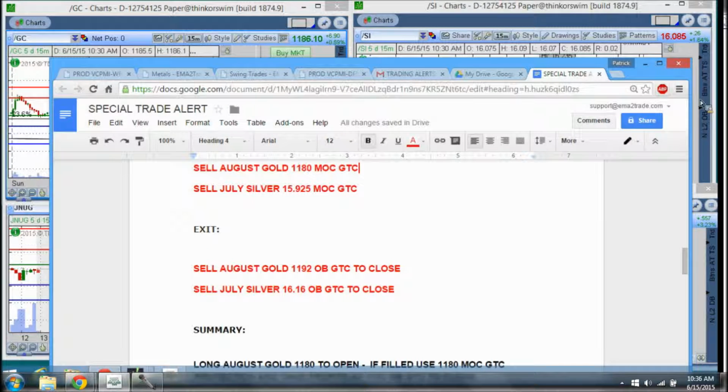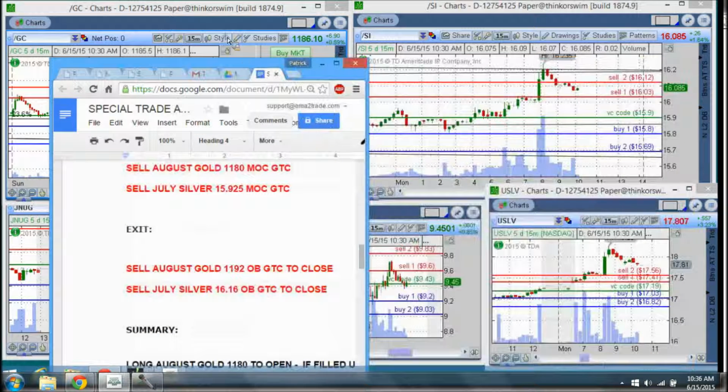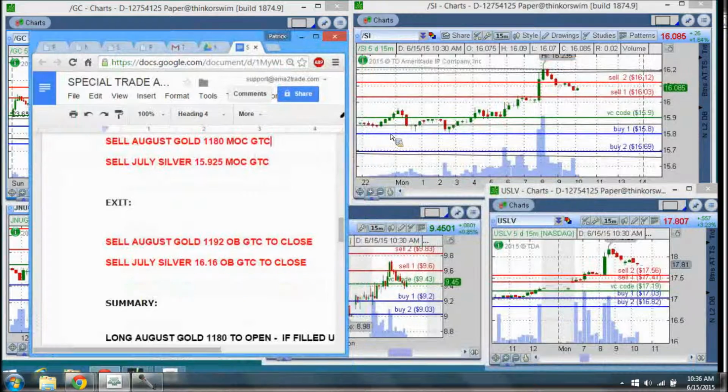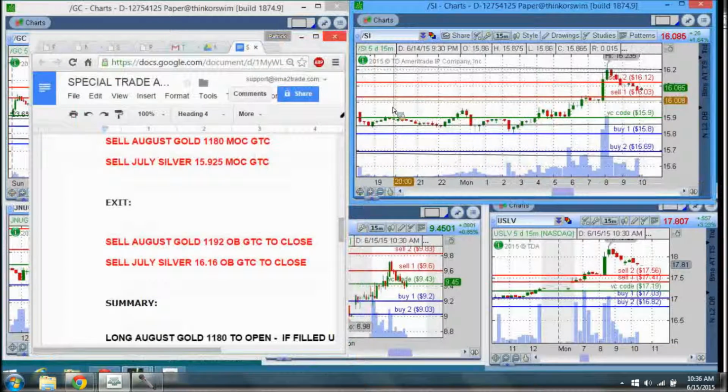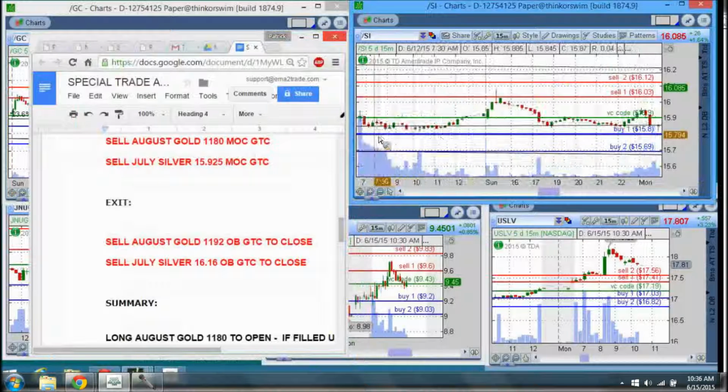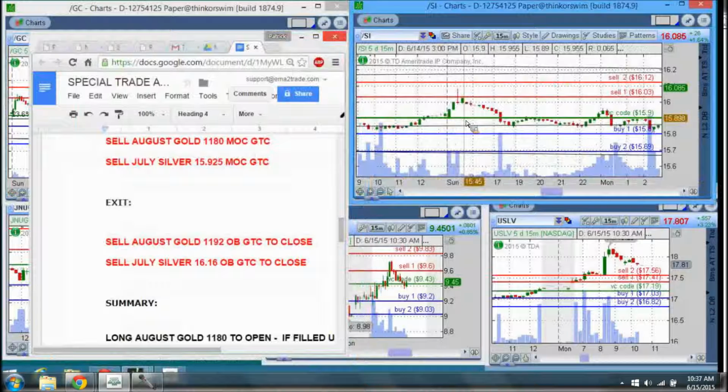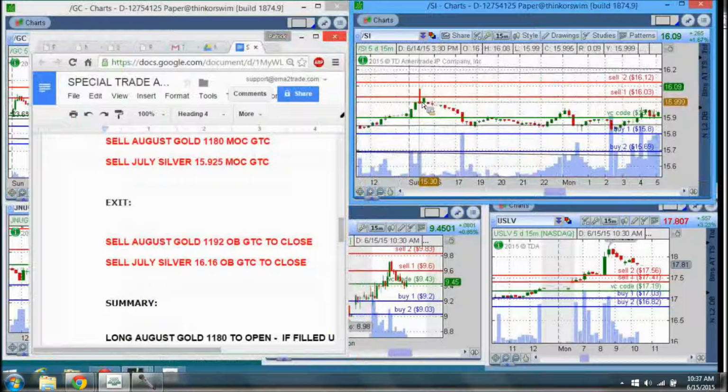If we take a look for a minute at what has transpired since then, we got a chance to take some profit early, yesterday actually, at about 3:30 in the afternoon.